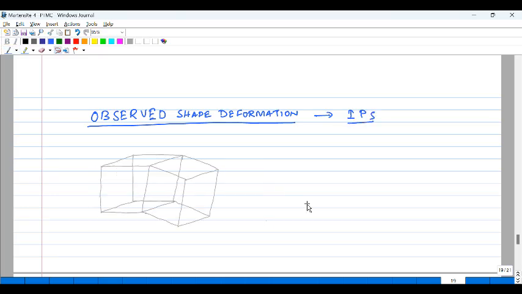And that you can see from another schematic here. Here you can see that this plane remains invariant, a habit plane.